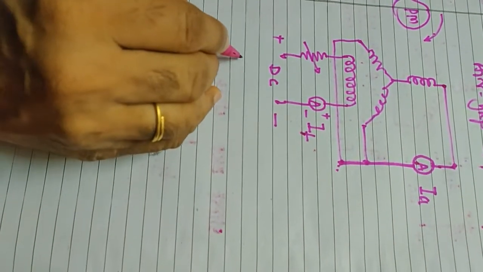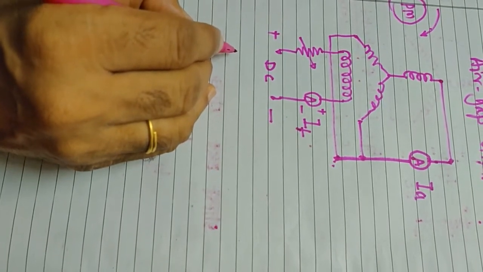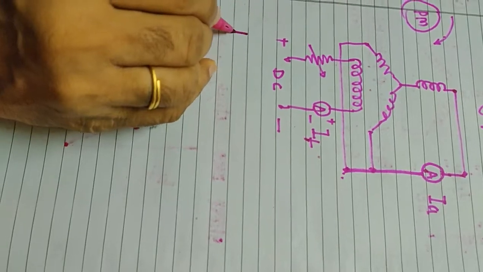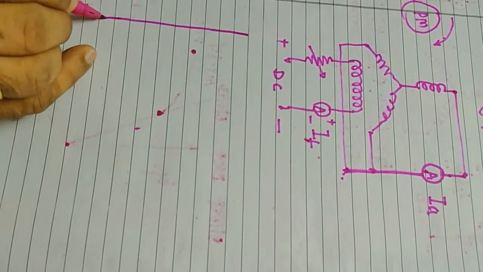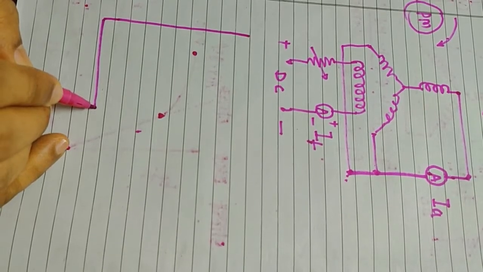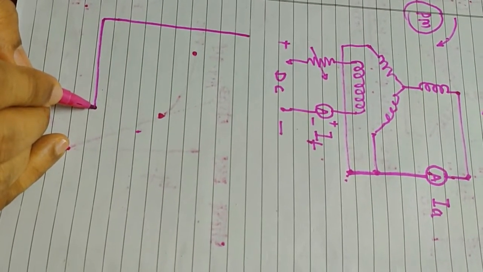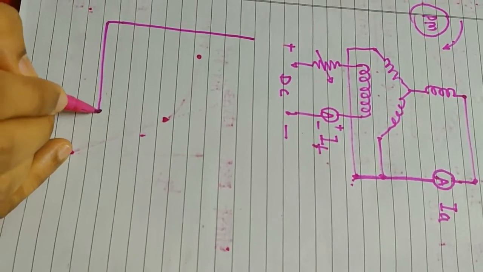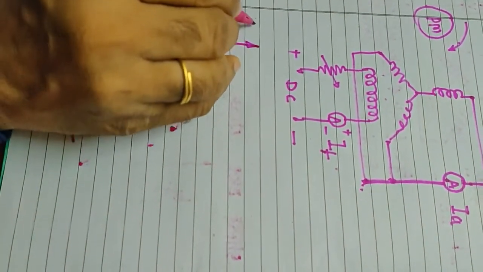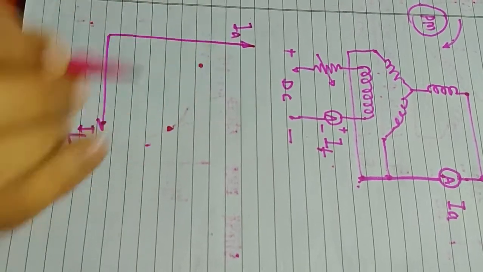The short circuit characteristic, SCC, is a graph between armature current and field current. This is the field current and this is the armature current.